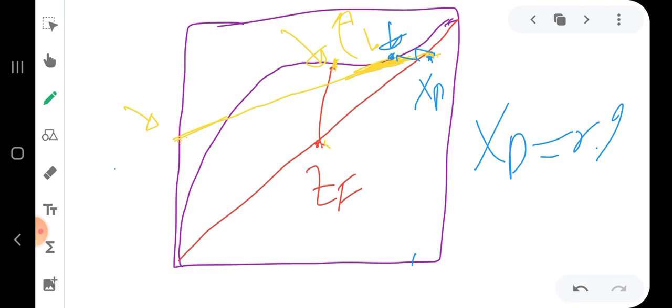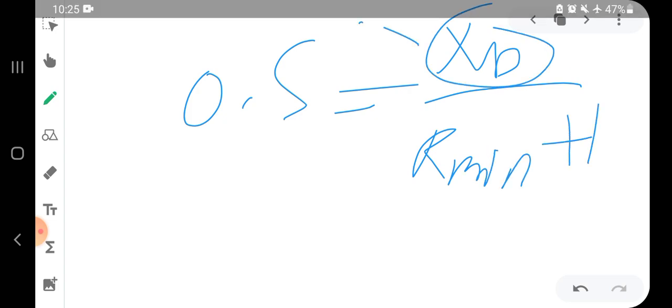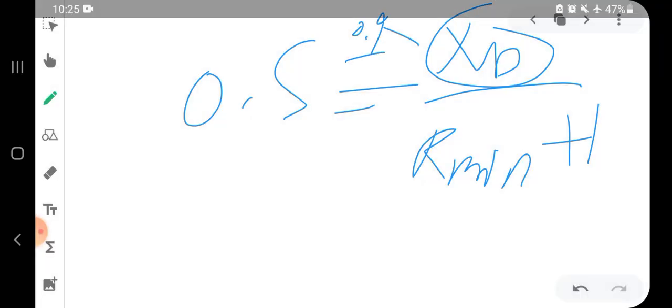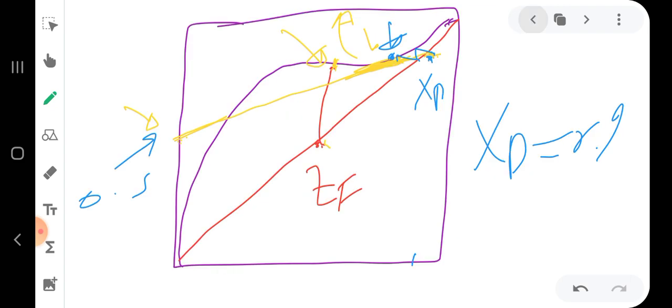So for example, if you take the intercept here to be 0.5, again you say that 0.5 is equal to xd over r minimum plus 1, and if xd is 0.9, you can determine the r minimum value. So we have two situations.